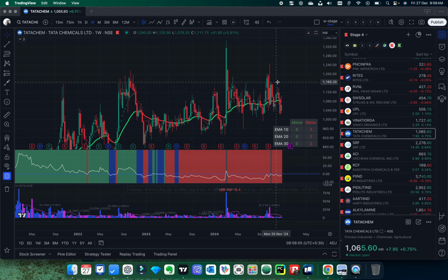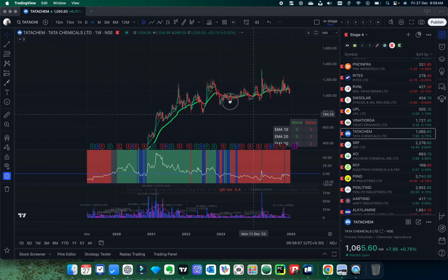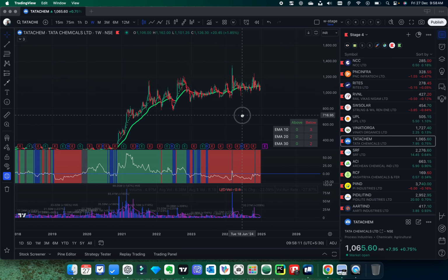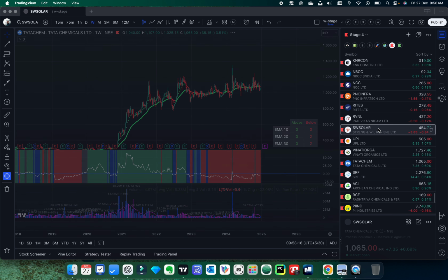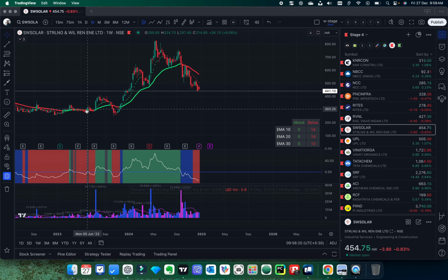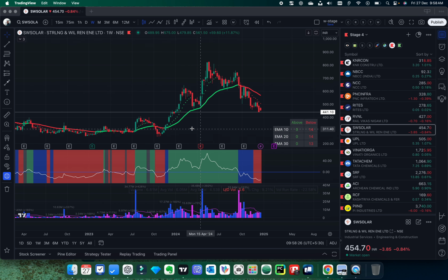Tata Chemical, a long consolidation going on here after a rally. SW Solar, consolidation breakout, again it fell down, again some consolidation here, breakout, pullback, breakout.